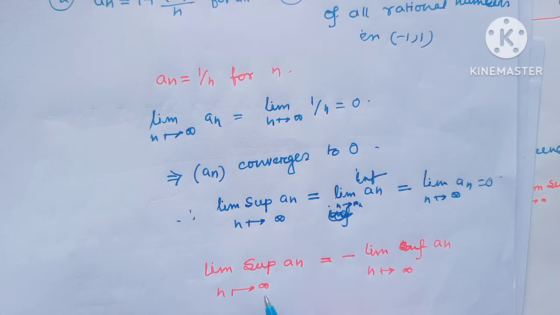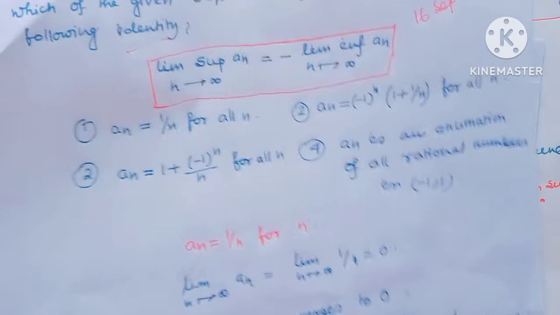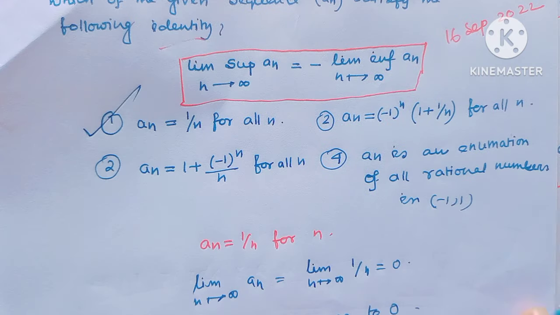So limit superior of a_n equals minus limit inferior of a_n, because both are equal to 0. So option 1 is the right option.